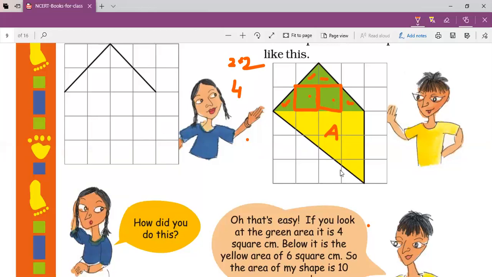Now let's see the yellow one. So we will see the yellow completed part first. This is completed. This is also completed.